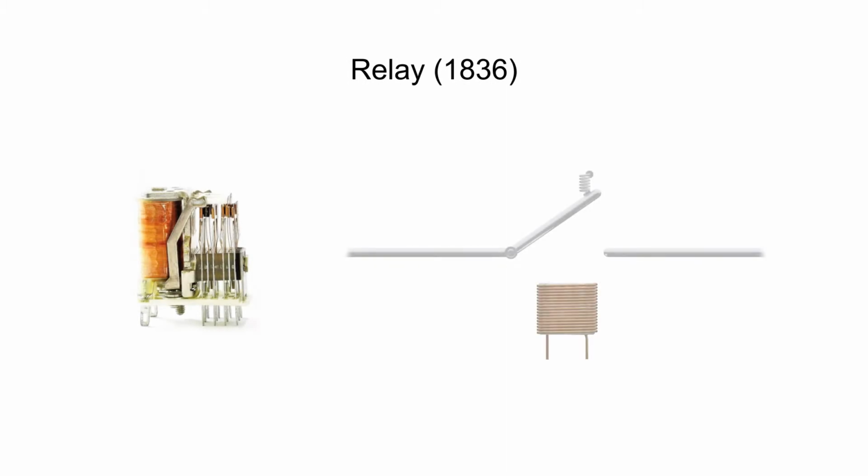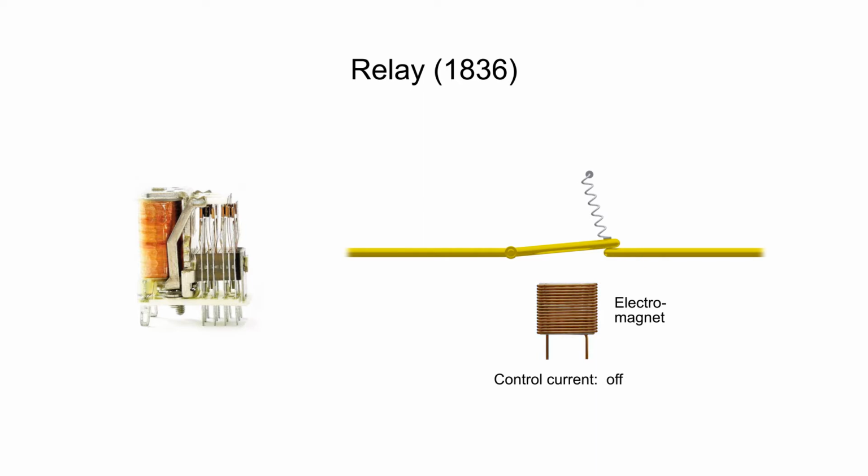The electromechanical switch, or relay, was invented in 1836 and was first used in the telegraph apparatus of Samuel Morse. When the current is on, the electromagnet becomes magnetic and attracts a plate to close the switch. When the current is turned off, the electromagnet loses its magnetism and the plate is returned to its initial position by a spring, opening the switch.